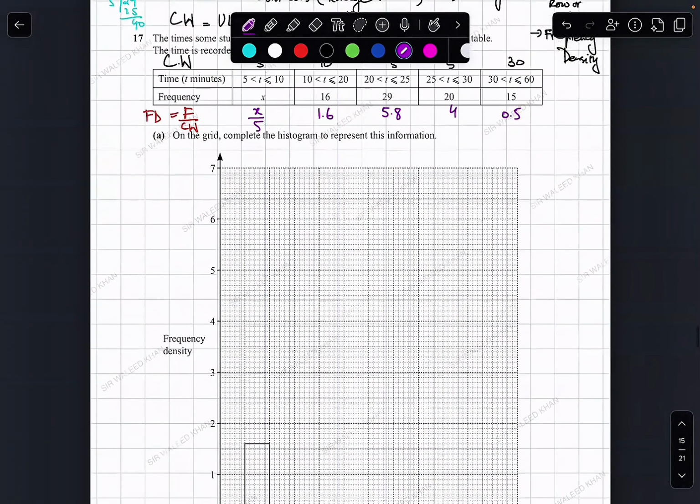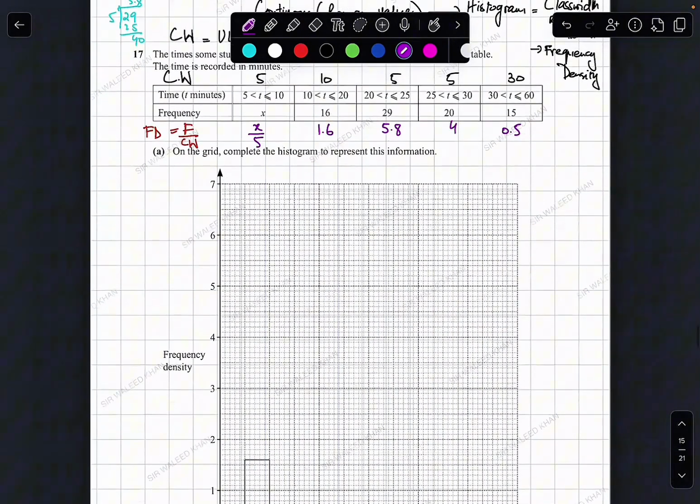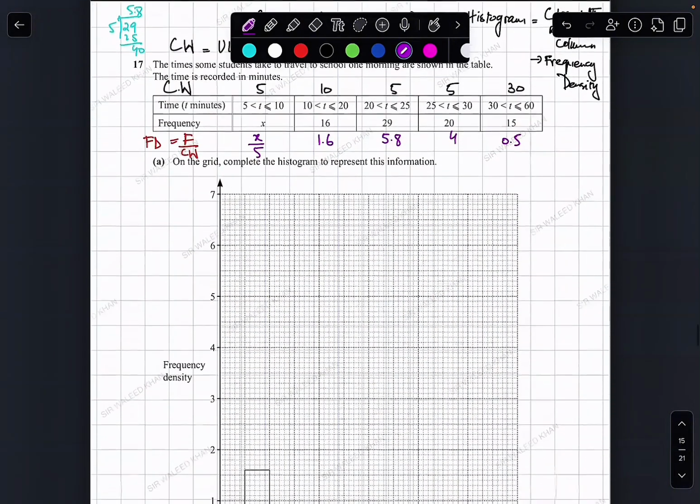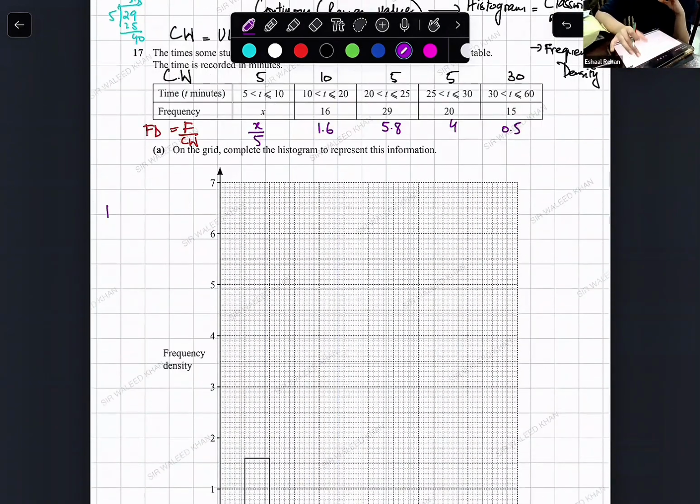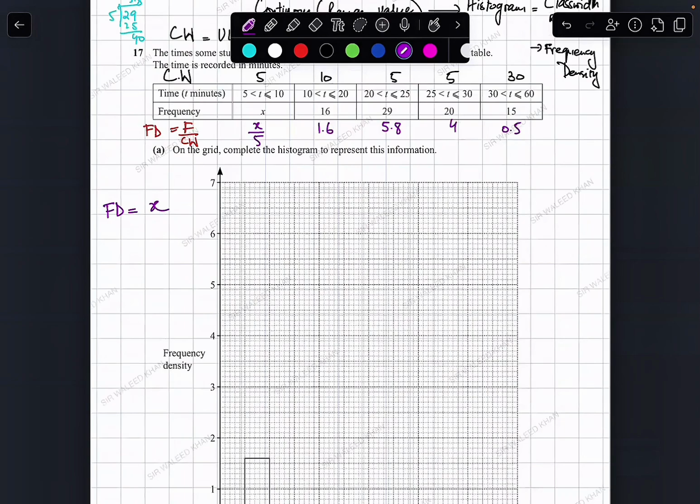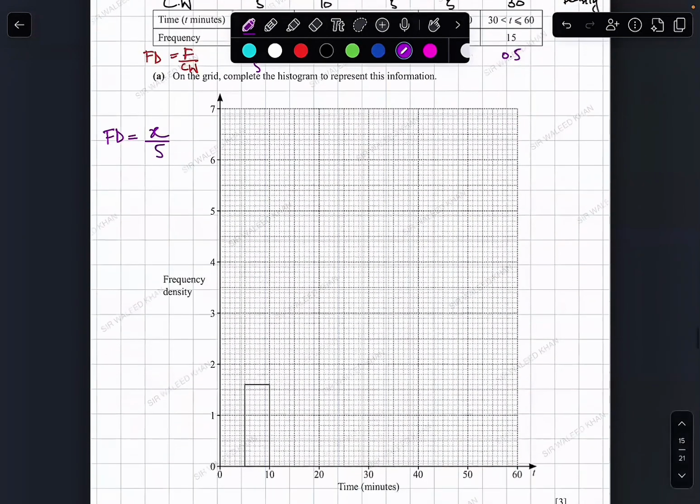I can figure out the value of x. Did they ask anywhere? No. Okay, no. But still, I'm just showing you. If they ever ask to find the value of x, you can say x over 5. The frequency density is the height. So 1.6 is x over 5. So x is equal to 8. If they ever ask.